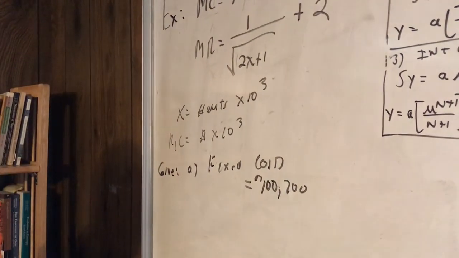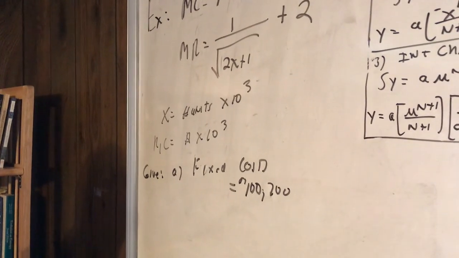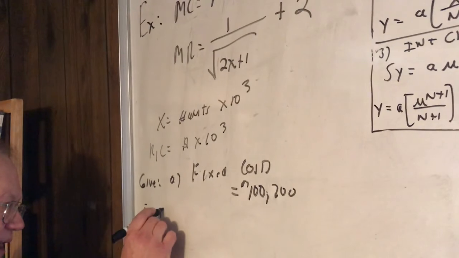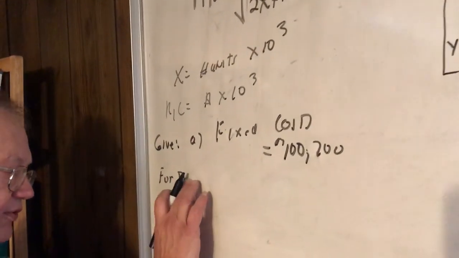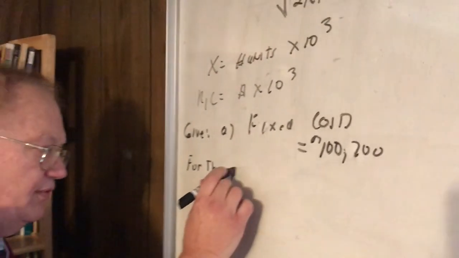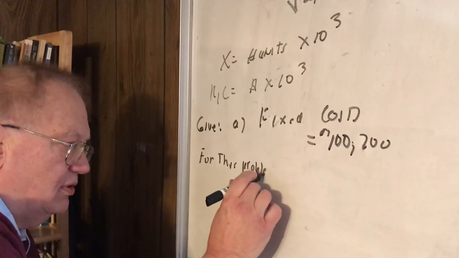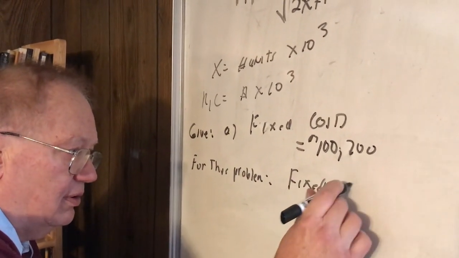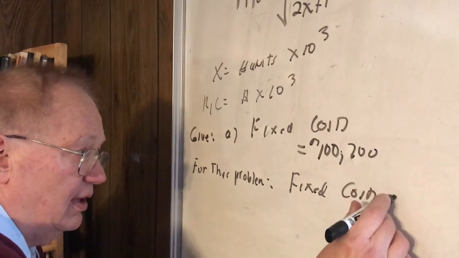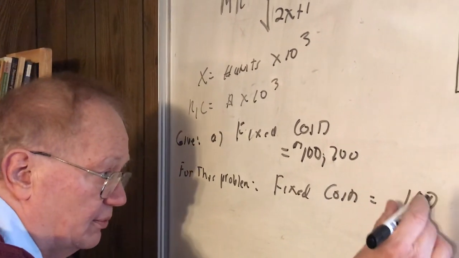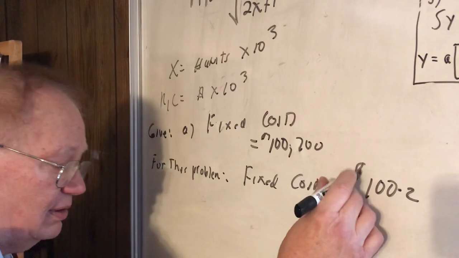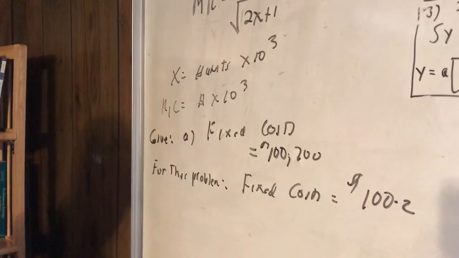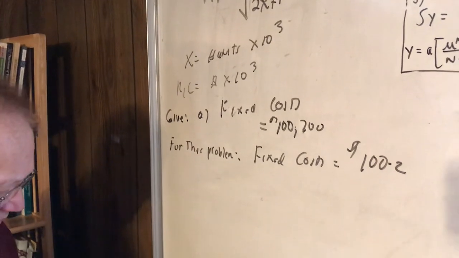But for our situation, since it's in thousands for this problem, and be very careful about this because they do like to throw these on an exam, for this problem we look at fixed costs as only 100.2. Because this is measured in thousands. All right.